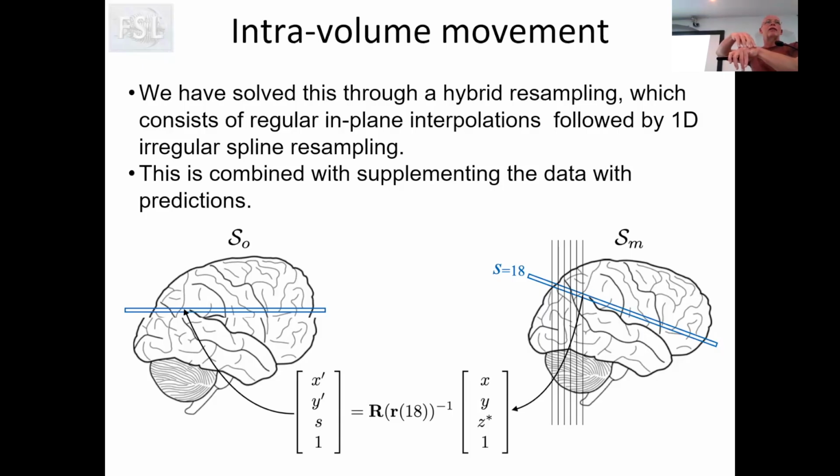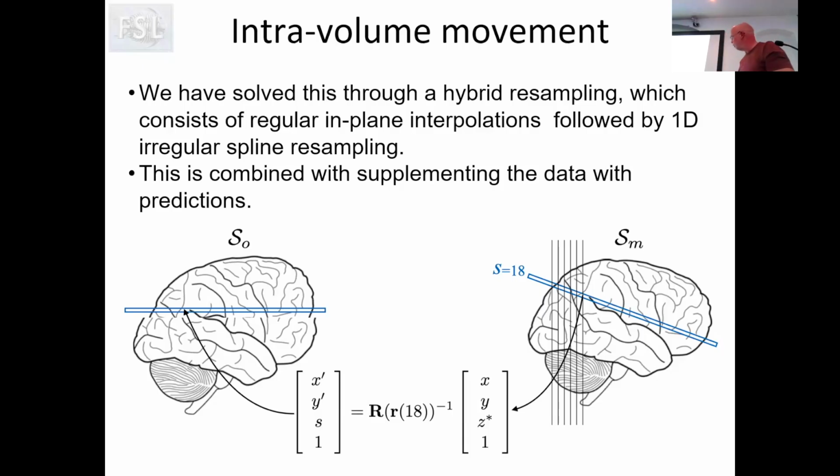And then we can do a bog standard spline 2D interpolation within each of these slices where the needles hit that particular slice. Once you've done that for all the slices, then along each needle, you have interpolated values along the Z direction, unevenly spaced.